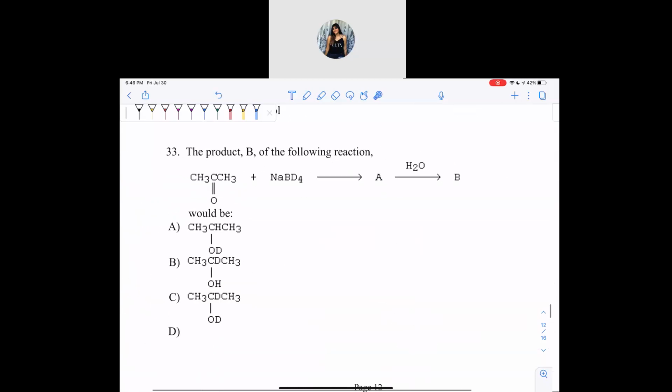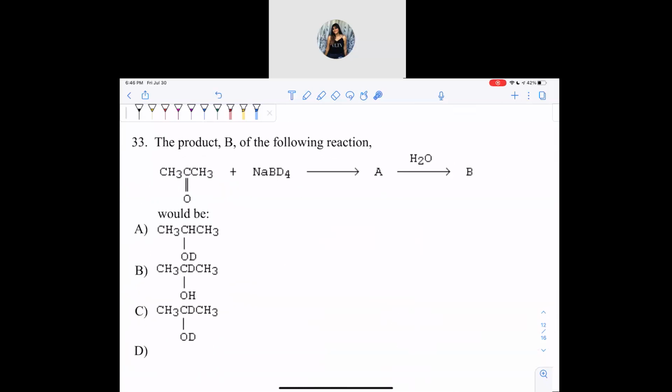This is a good one. So, NaBD4. This looks a lot like NaBH4, and we know that's a reducing agent. So odds are we're doing a reduction, right? And we're reducing a ketone. The reason this D is important and why it's not a hydrogen is because he wants to know that you know where that H attacks.